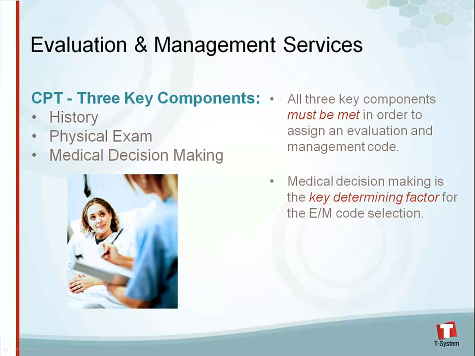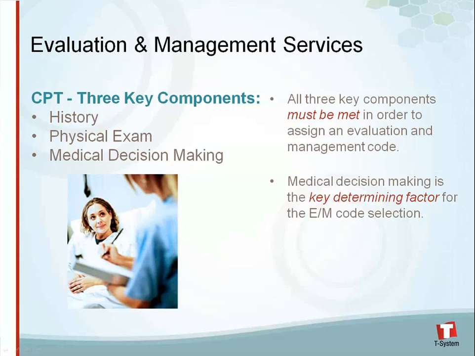So you need your history, your physical exam, your medical decision-making, and within your history category, you have your history of present illness, your review of systems, and then your past medical, family, and social history, physical exam, and then medical decision-making.